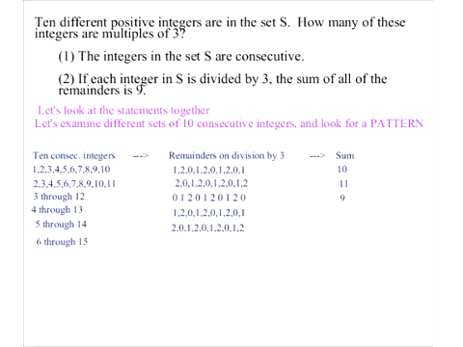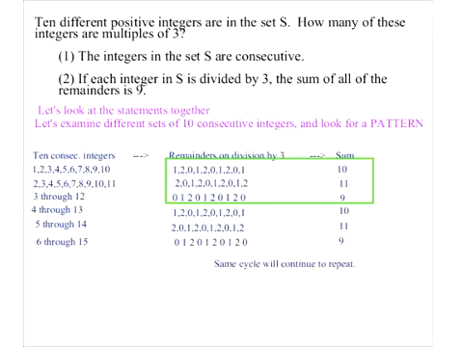Everything repeats, and it shouldn't be a surprise that things repeat, because all that remainders are is a whole bunch of repeating patterns. That's not 12, that's 9. This cycle will just keep happening over and over again.